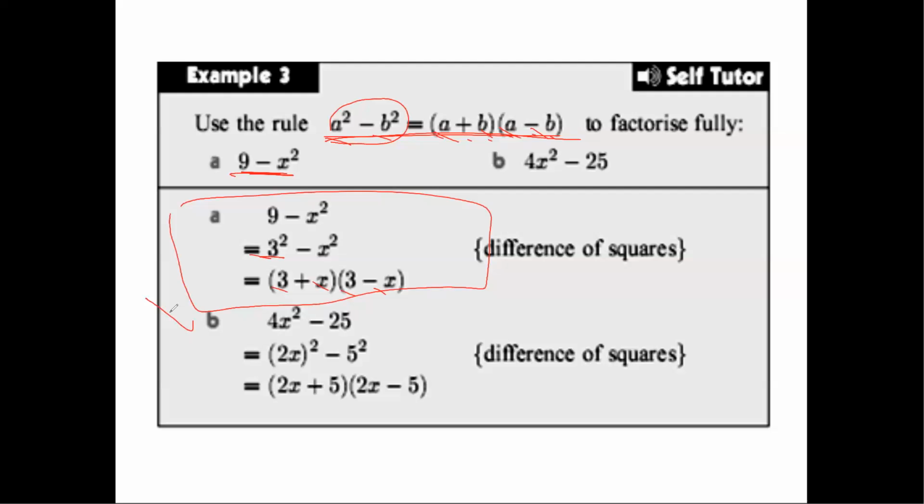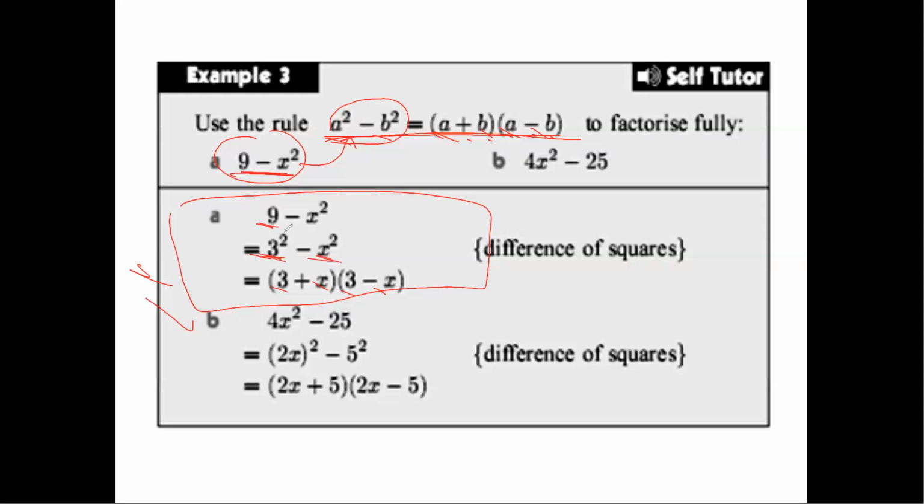Okay, all right. We're factorizing 9 minus x squared. At first glance, this doesn't resemble that exactly. You're seeing an x squared that seems to match the b squared, but 9 doesn't match the a squared. But you know that 9 is the same as 3 squared, right? So we're writing 9 as 3 squared.